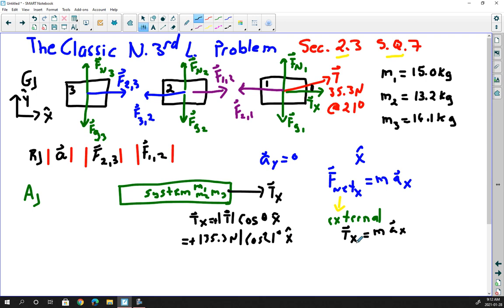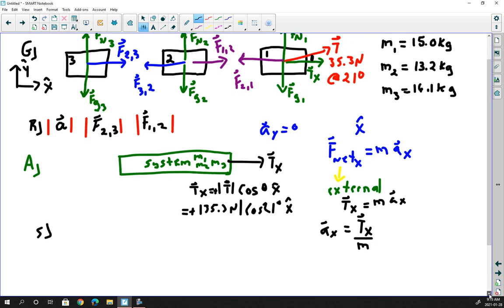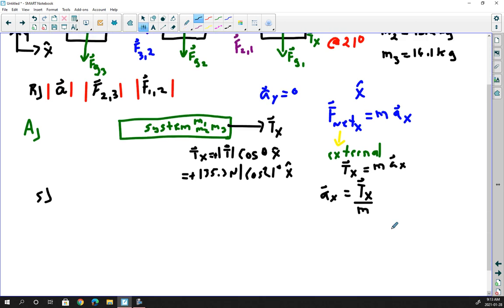So I can now plug that into here as I continue with my analysis and substitution, really, and say, okay, I want to find this acceleration in the x hat direction. It would equal tension x hat all over the mass. Let's give ourselves some room to work here as we substitute in these values.